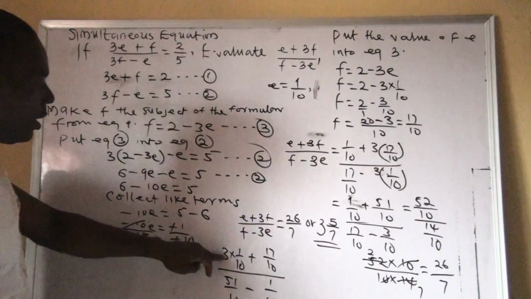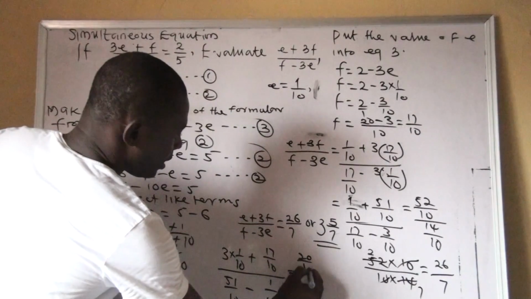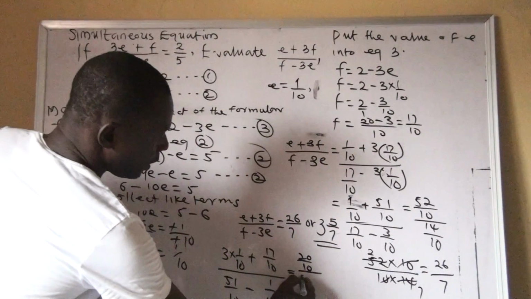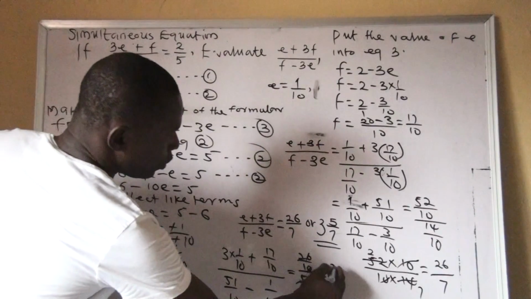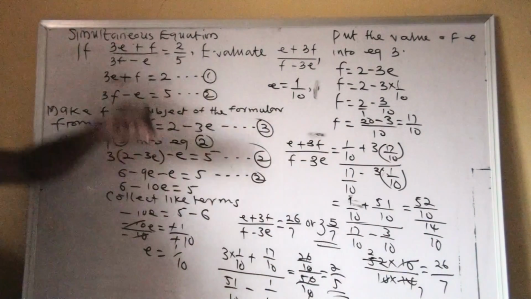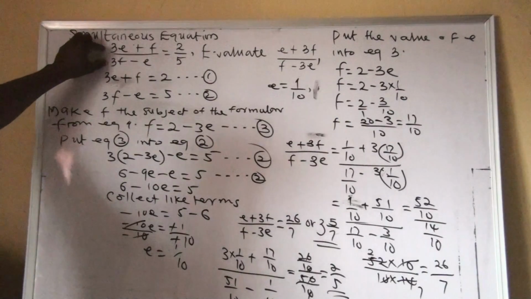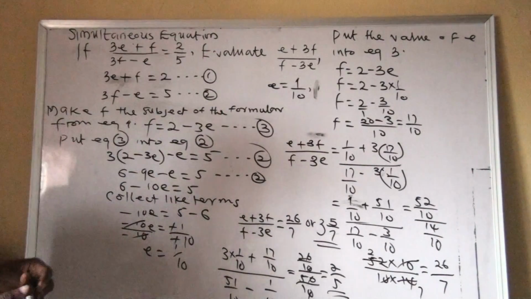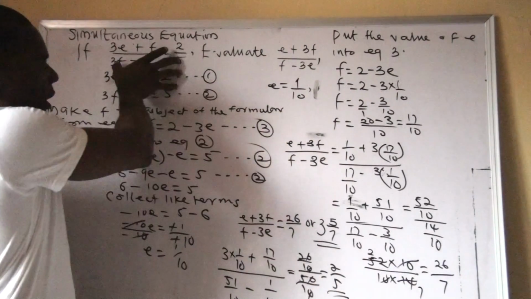Here this is 20 over 10 all over 50 over 10. We can see this is 2, this is 5. That shows that our answer is accurate. So we've seen that the values of e and f are correct by checking first.